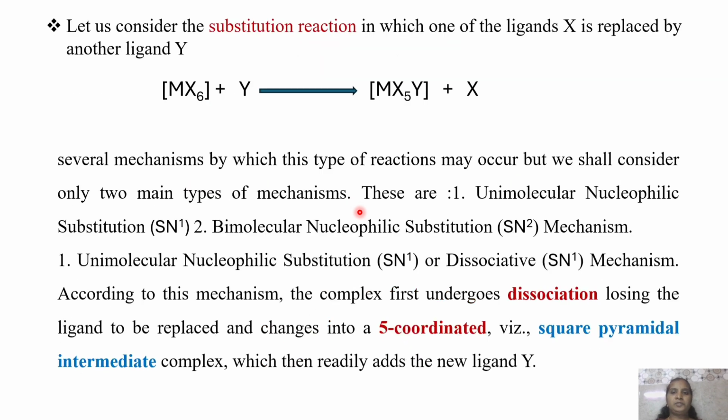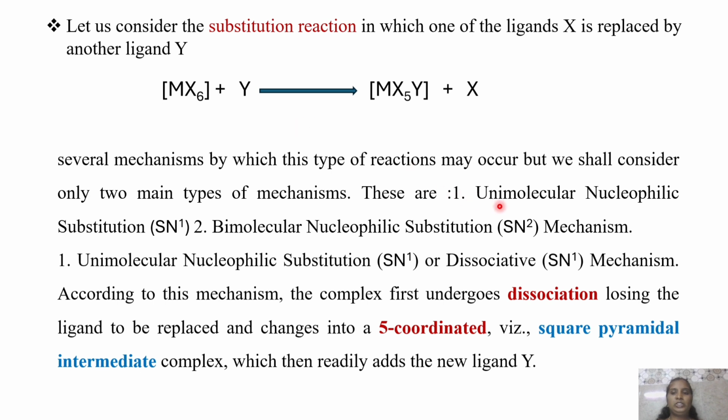Let us see the substitution reaction. See, this is the octahedral complex. Substitution of the ligand results in the formation of the nucleophilic substituted metal complex. This means attacking of the ligand or a displacement of the ligand takes place by means of two different mechanisms.